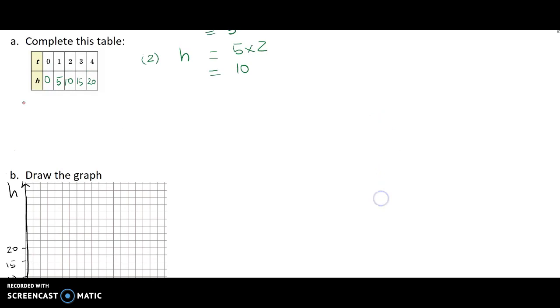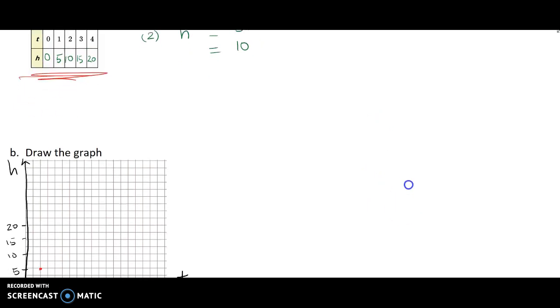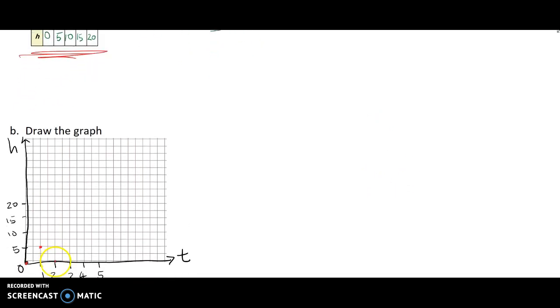This is all from the table over here. And 2, 10, 3, 15, and then 4, 20. Just going to use a line because it gives us a nice straight line.